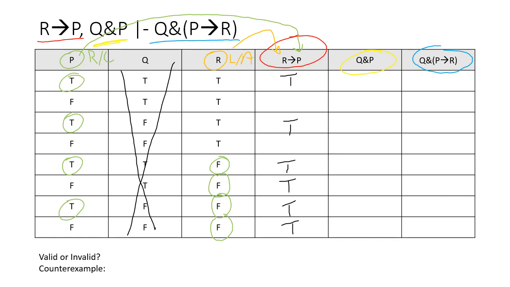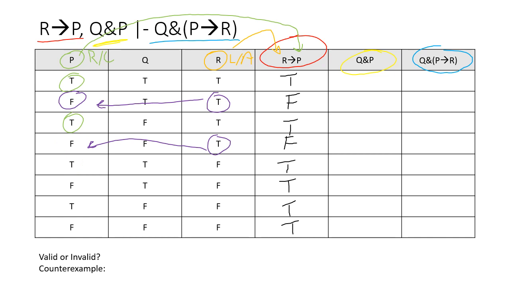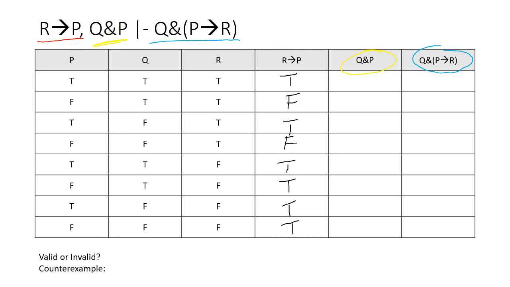So in rows 2 and 4, it's going to be false because you have a true antecedent and a false consequent. Now, that one's done. So we can move on to the next premise.